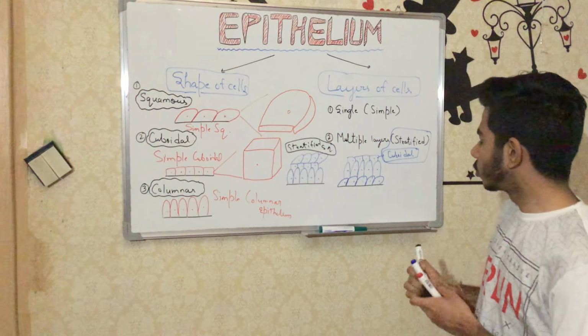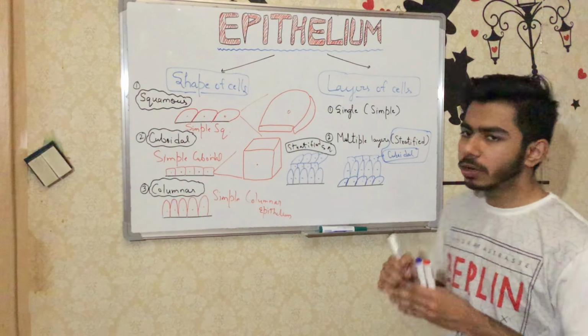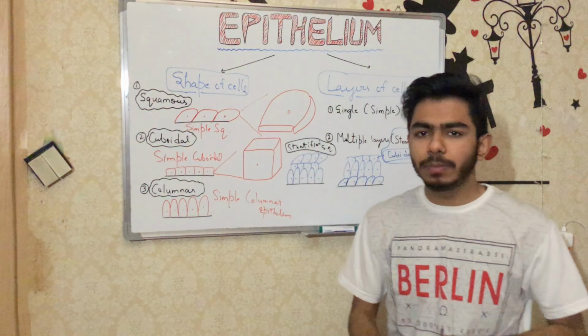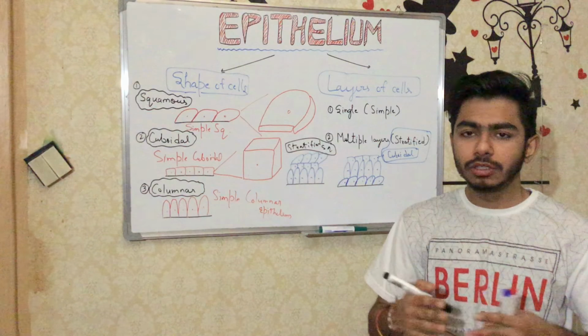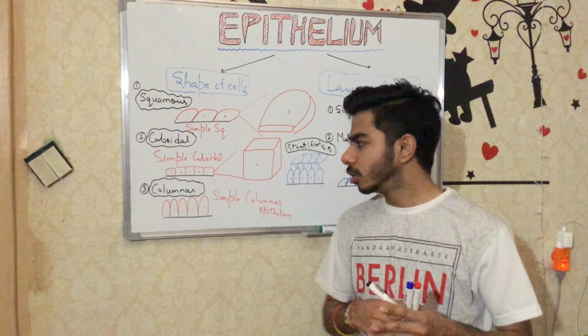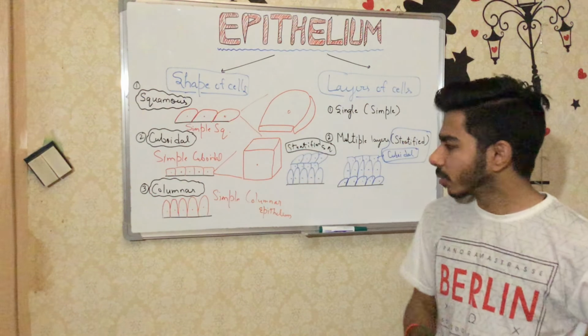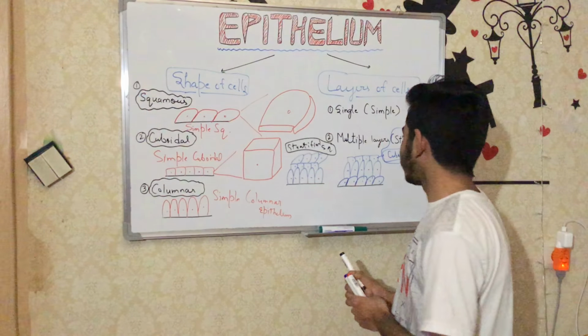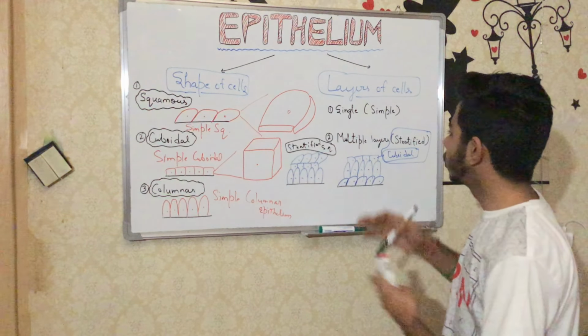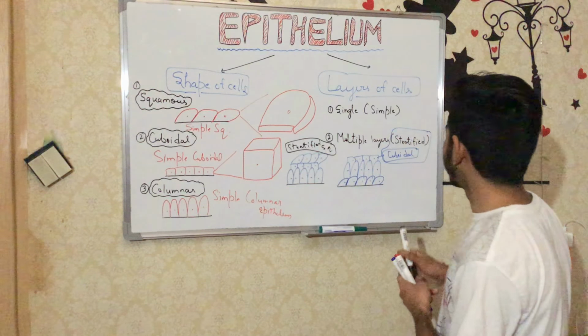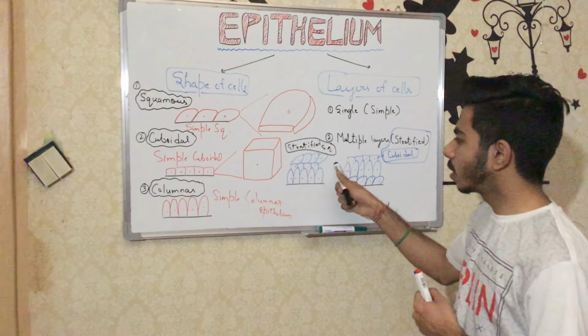So this is the way you recognize the layers of the epithelium and the category it belongs to. This was about the basic structures: stratified cuboidal, stratified squamous.